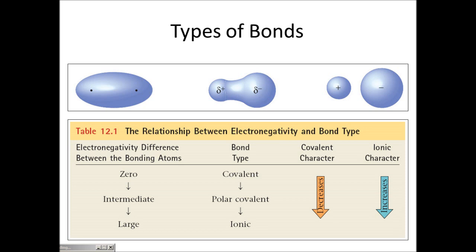Electronegativity, as I mentioned last time, has to do with the ability of a nucleus to attract electrons in a covalent bond. What that means is we actually broke this down into a more basic idea of electrons being attracted to a nucleus.